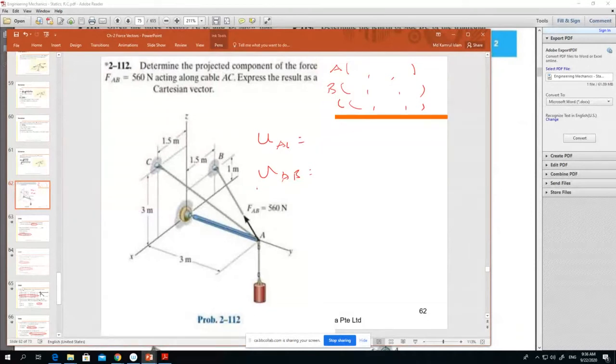We calculated the FAB vector. FAB vector was how much? Minus 240 i minus 480 j plus 160 k. It was in Newtons.